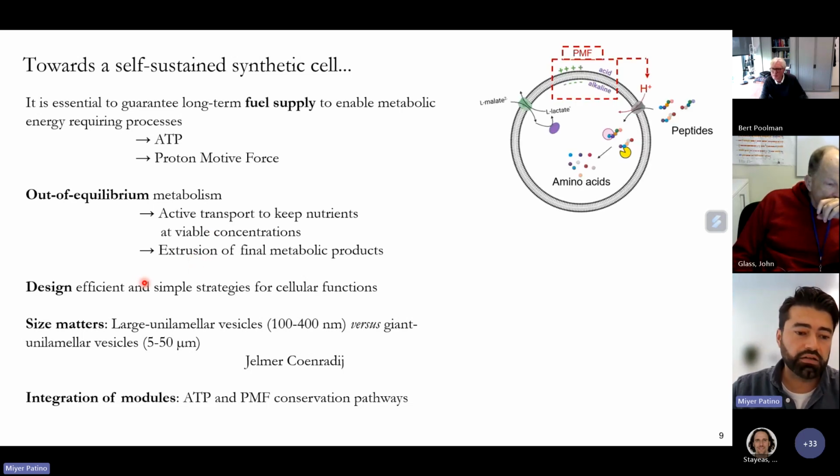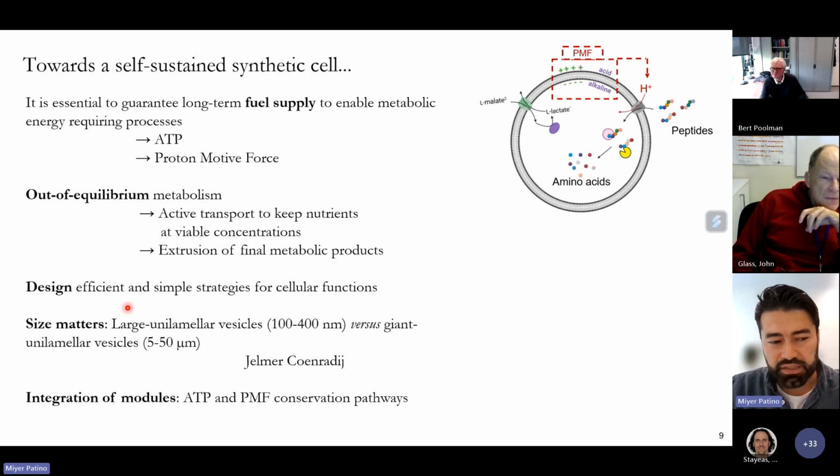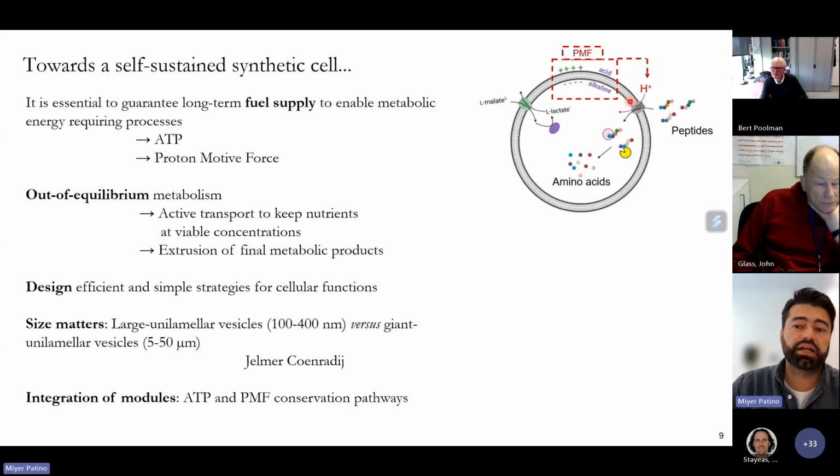We are working right now on designing more clever strategies. For example, not using proton amino acid symporters, but perhaps proton peptide symporters, to then have free amino acids inside with the help of peptidases. What I showed today was large unilamellar vesicles, but then at which point should we consider larger volumes, like giant unilamellar vesicles.